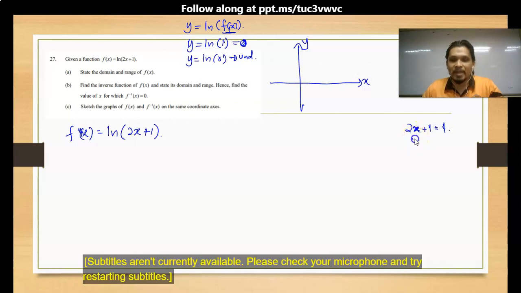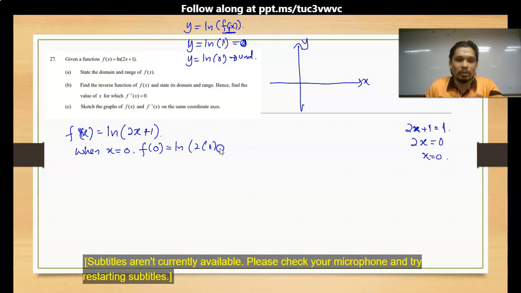Okay, so 2x equal to 1, bring it up here, become negative, so 1 minus 1 equal to 0. Then x equal to 0. Let's try again. When x equal to 0, then f(0) equal to natural log of 2 times 0 plus 1. 2 times 0 equal to 0, 0 plus 1 equal to natural log of 1.